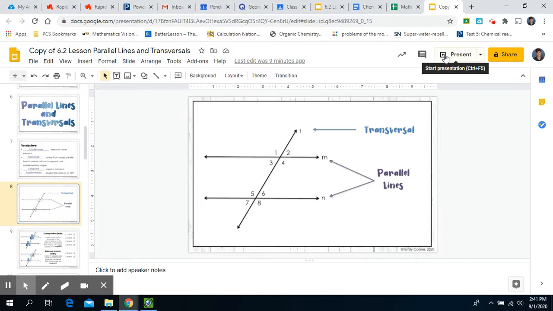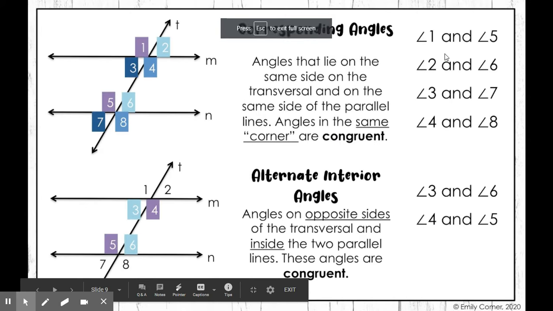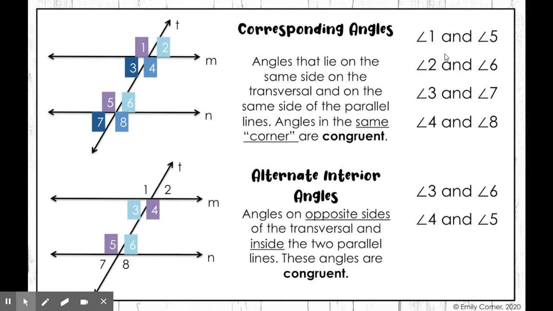So now we need to go over how these are related to one another. And here's a lot of vocabulary you need to take down in your notes. First, we have corresponding angles. Corresponding angles are on the same side of the transversal as well as in relation to the parallel lines in the same position.